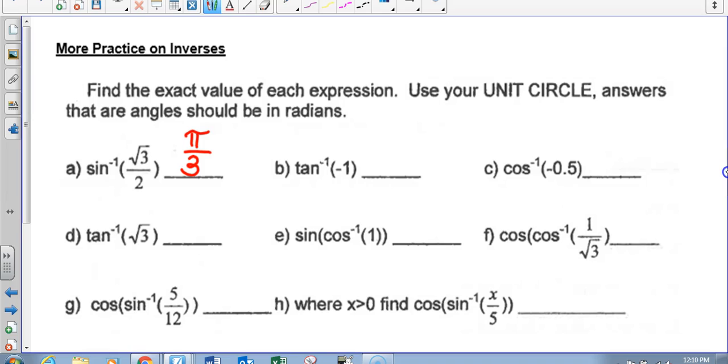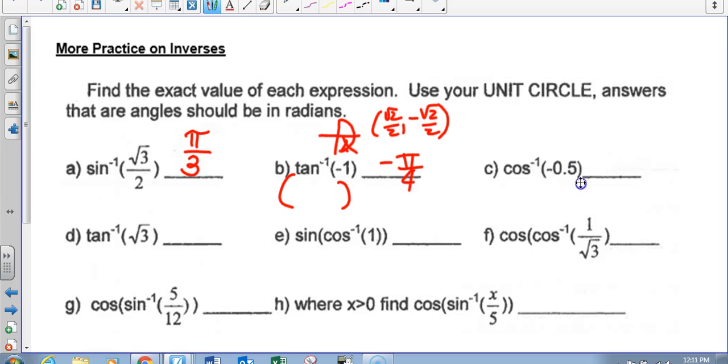You have to know how to find tangent. Well, tangent would be -1 when the x and y coordinates are the same, right? Except one of them's got to be negative. Yes, because we got to be down in this quadrant, it's negative, and the coordinate would be square root of 2 over 2, negative square root of 2 over 2. That would have a tangent of -1.